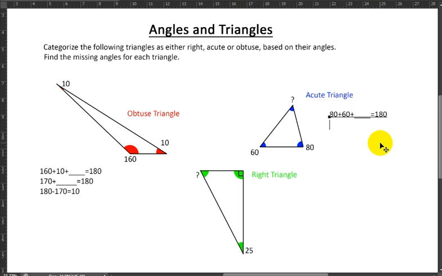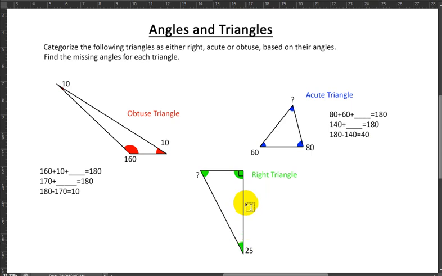Well, 80 and 60 make 140, plus what makes 180? To find that, I need to find the difference between 180 and 140, and that is 40. I do the subtraction.